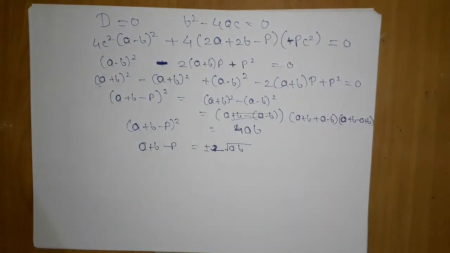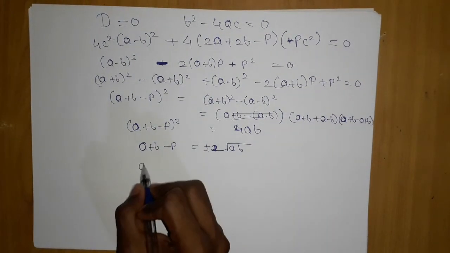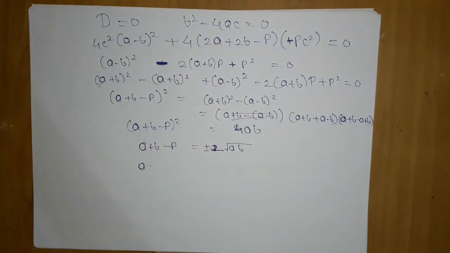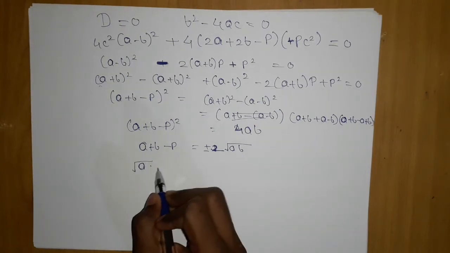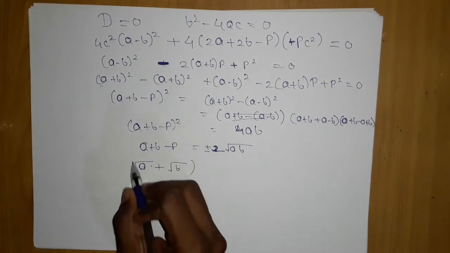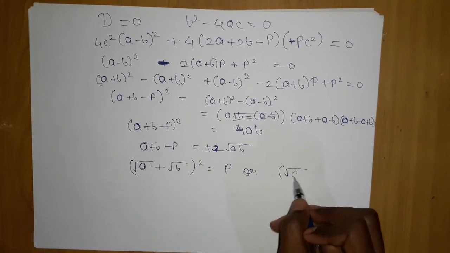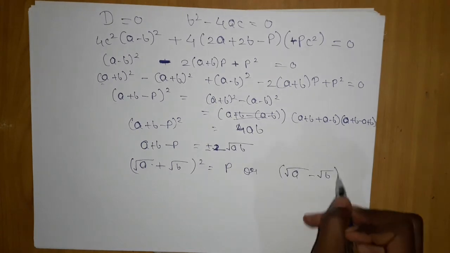Now we want the p value, so I can bring plus 2 under root a minus b and minus 2 under root a plus b, under root a into b. So it can form this thing also, or it can form this thing also.